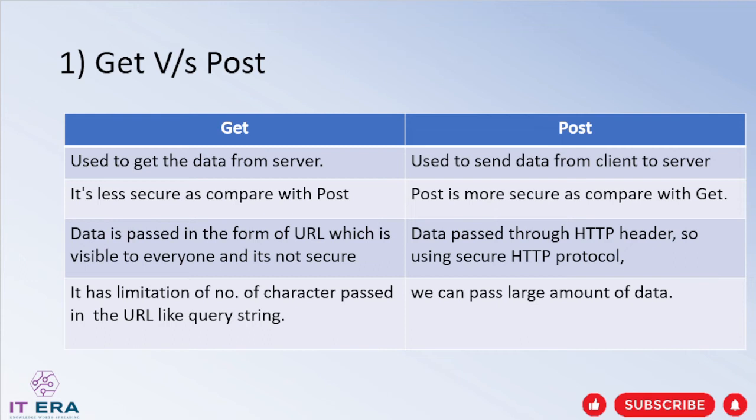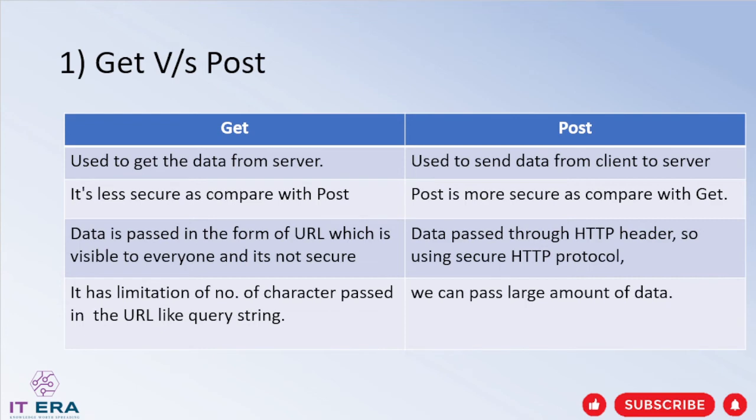And also it has a limitation on the number of characters passed in a URL, like a query string. Whereas the post method is more secure as compared with get because data is passed through the HTTP header using the secure HTTP protocol. And also we can pass a large amount of data.